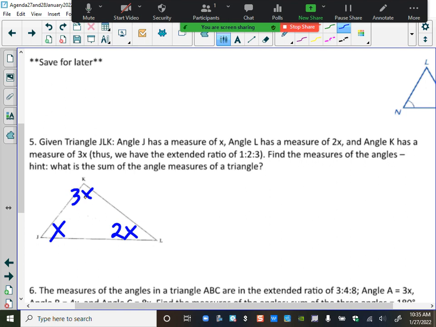So that's what we have so far. Any questions up to this point? If you want, label your triangle with X, 2X, 3X in the appropriate spots.